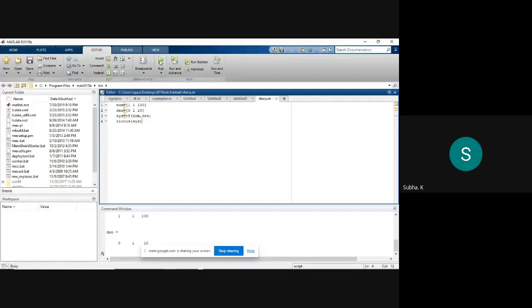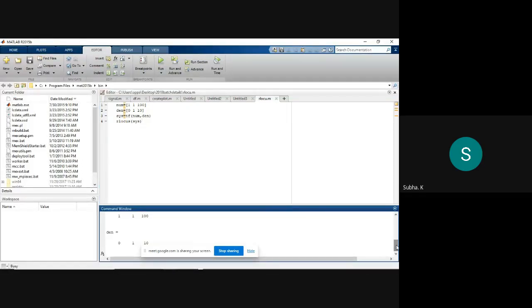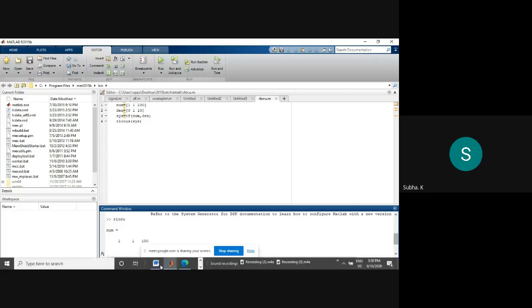Now I am running. You can see in the command window some things are displayed. Numerator and denominator are showing, but the graph is not yet popping up. Let's check.